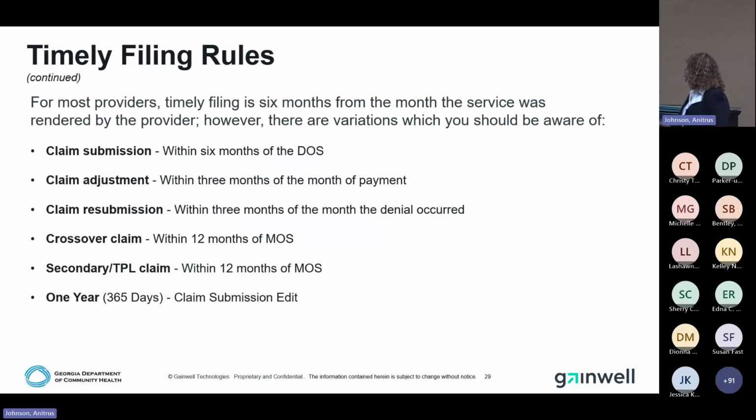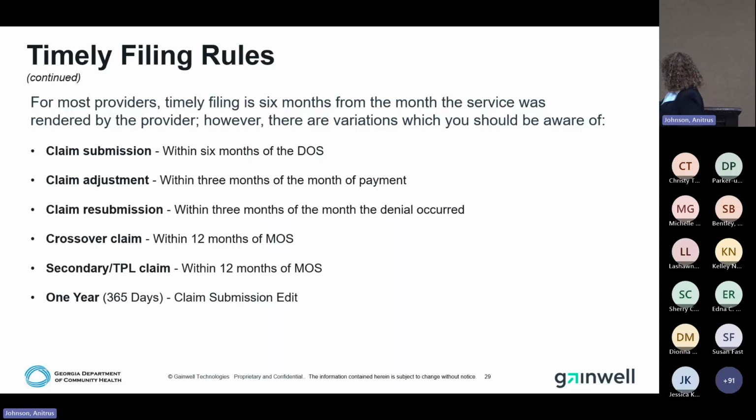So that's why that was stipulated. When you go over there, for most providers, timely filing is 6 months, unless you're an out-of-state provider. That's different. But the majority of you in this room are Georgia peaches. So this is what it is for you. You have your 6 months from the date of service.